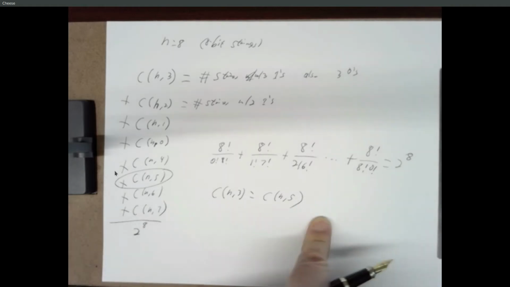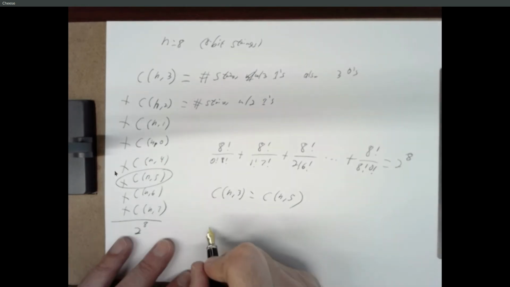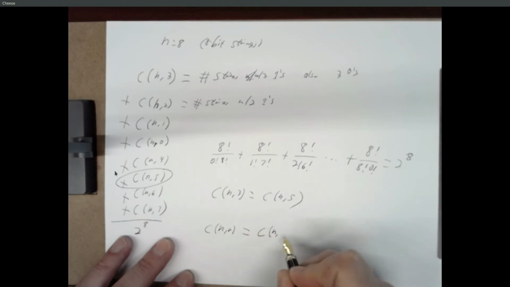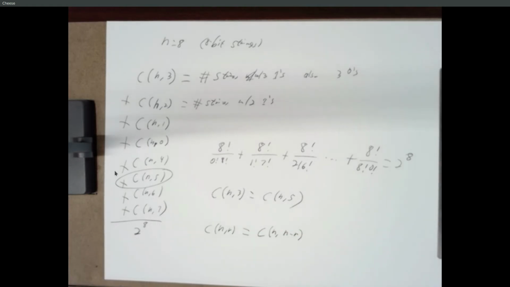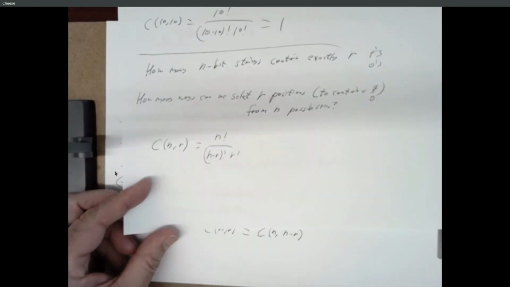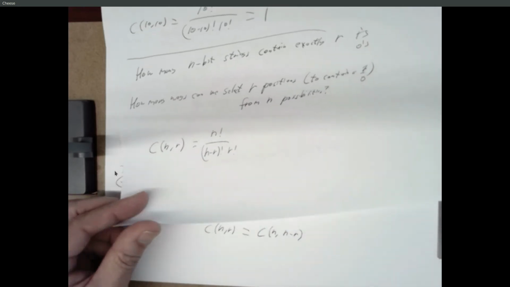So there's some symmetry between these. In general, C of n r is going to be the same thing as C of n minus r. And if you plug those into your formula, you're going to see your denominator down here is exactly the same. That's going to become an n minus r, and that's going to become an r.